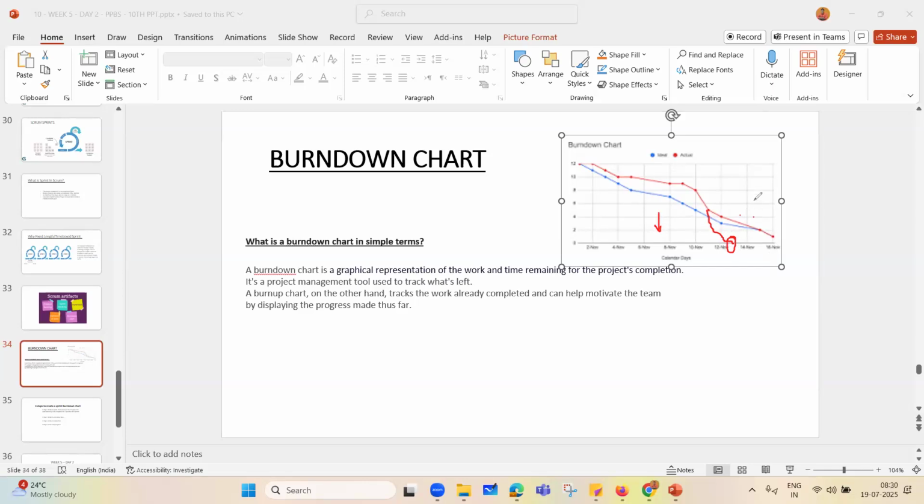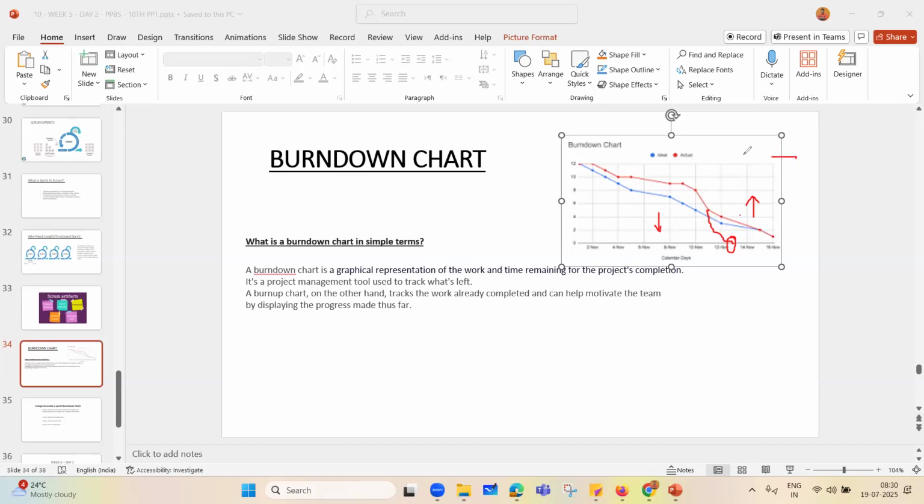Ahead of time. So remember, when the actual line is above the ideal line, we are behind time. And when the actual line is below the ideal line, we are ahead of time. Any confusion?